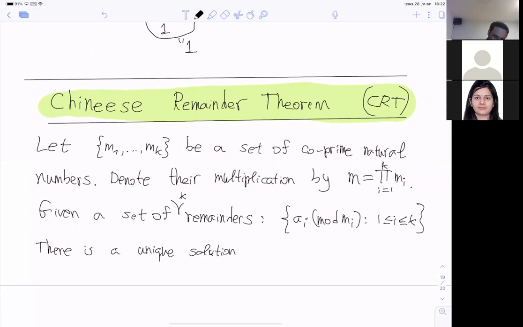So we have two things here to prove. First, the existence of the solution, and then the uniqueness.